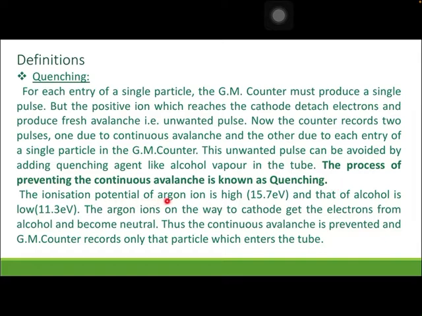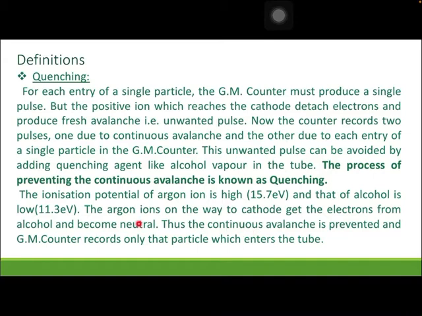The ionization potential of argon is high, that is 15.7 eV, and that of alcohol is low, that is 11.3 eV. The argon ions on the way to the cathode get electrons from alcohol and become neutral. Thus the continuous avalanche is prevented and the GM counter records only those particles which enter the tube. So this process is called quenching. Unless we remove those unwanted pulses, we cannot record the correct number of pulses.